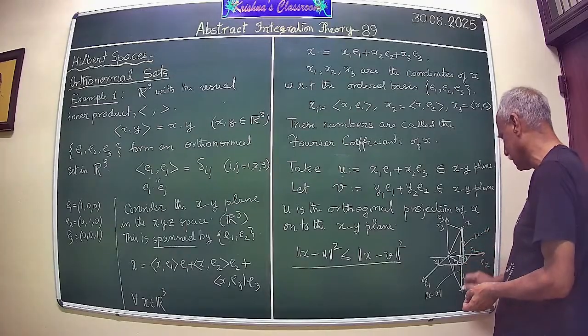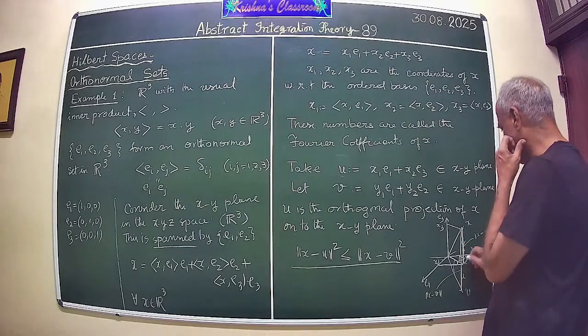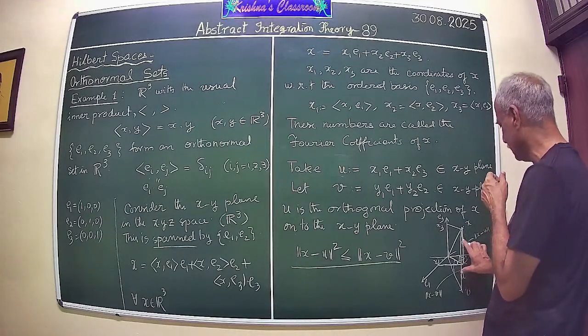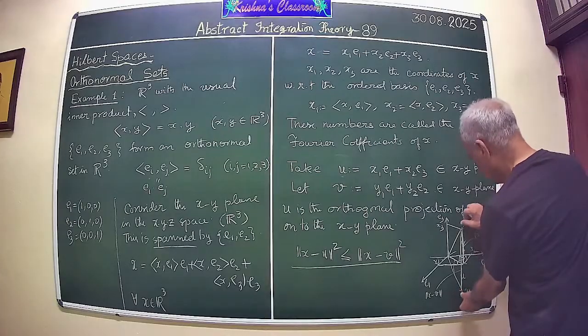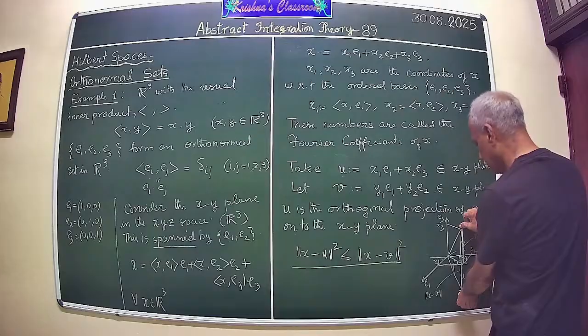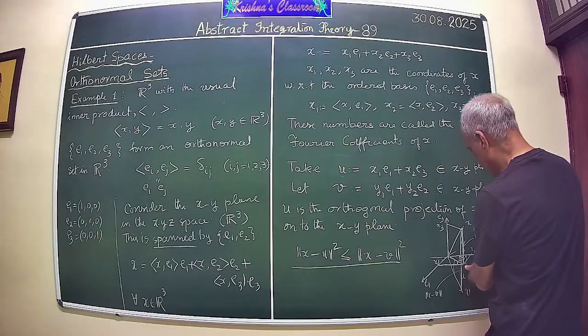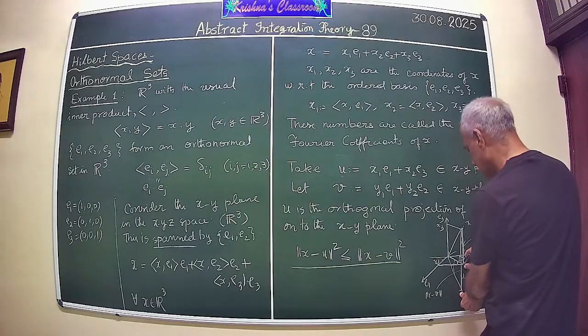So you have a right angle triangle, and this is the length of this particular vector, that is length of x minus v squared is equal to length of x minus u squared plus length of u minus v squared.